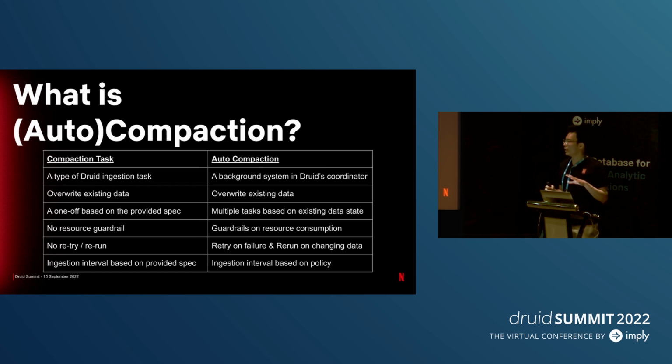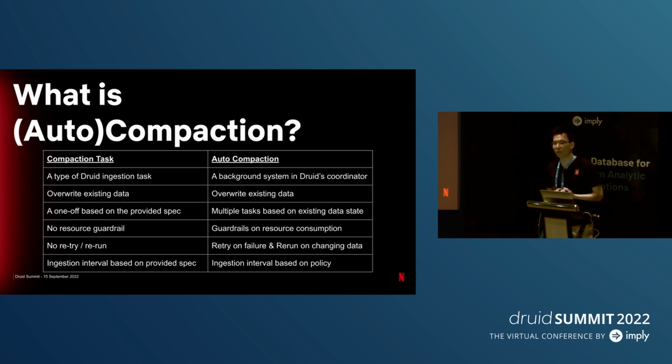You submit a spec, and then it'll run according to that spec, and it's just a one-off thing. Auto-compaction is more like a scheduler. You submit it per data source. It's a background system that runs in the Druid coordinator. It can create multiple compaction tasks. It's more like scheduling.